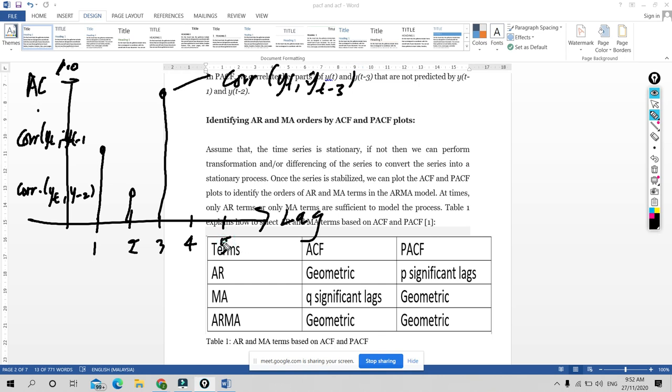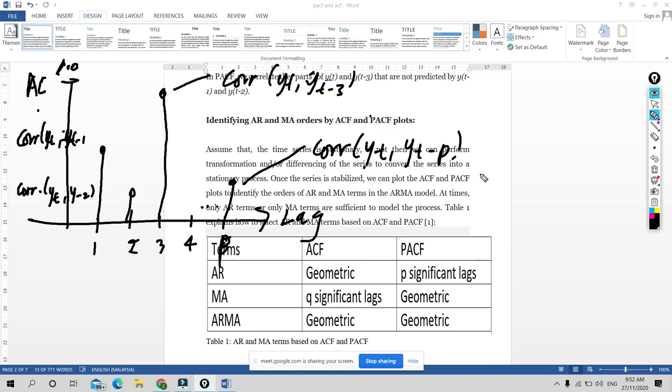Okay. And then for PACF, the same thing applies. For the PACF, the correlogram here is PAC, partial autocorrelation. The value here is also a maximum of 1.